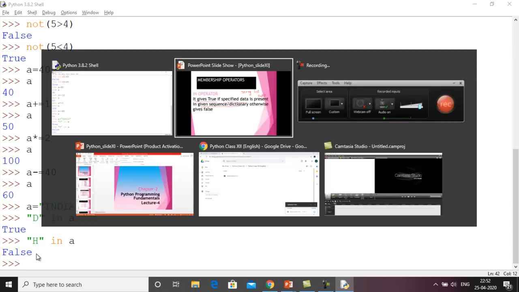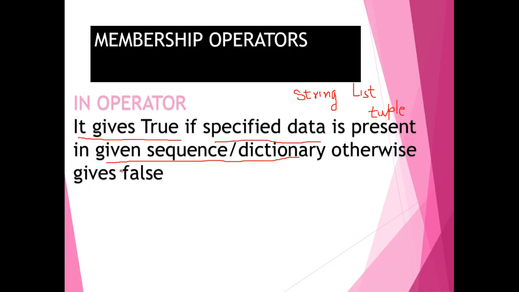Now let's come to the definition once again. What is written over here? It gives true if the specified data is present in the given sequence. In the first case I specified D, and in the second case I specified H. Out of these three sequences, right now I have taken a string, because till now we haven't discussed tuples and lists, and a string is quite simple.